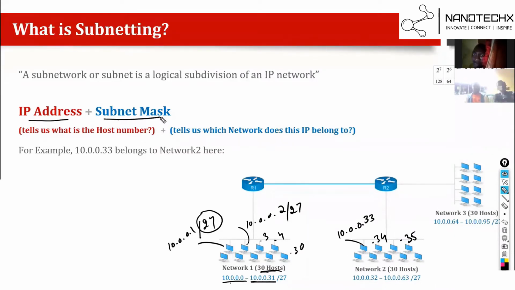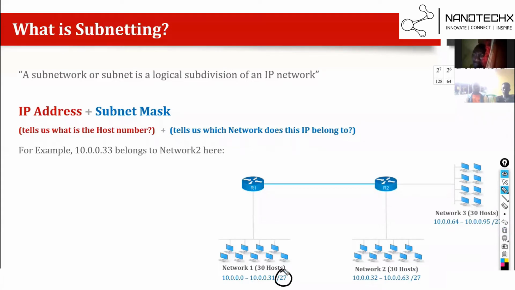So IP address and subnet mask. If we do not put the subnet mask, then what would happen? If the subnet mask is not 27, what would this mean? 10.0.0.0/24 is very much different from 10.0.0.0/27, because this 27 tells us that there are total 30 hosts which are starting from 10.0.0.0 until 31.